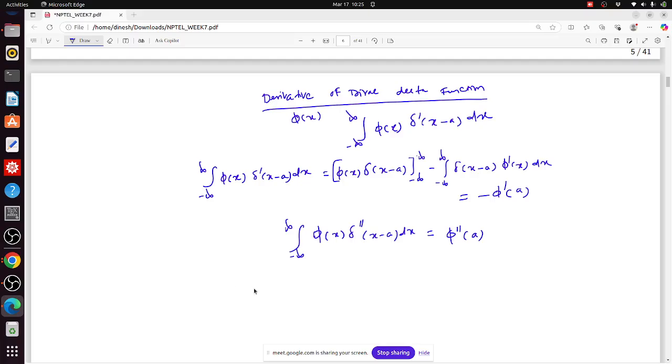In fact, on successive integration by parts, for the nth derivative of the delta function we get the integral from minus infinity to infinity of phi of x delta n of x minus a dx is equal to minus 1 to the power n phi n at a.